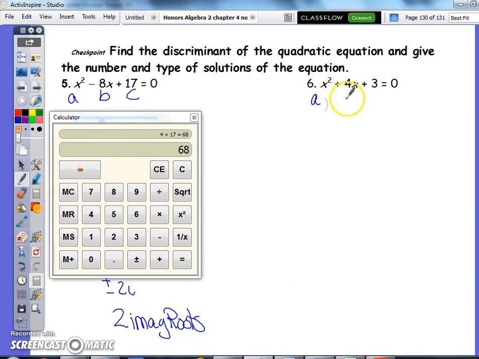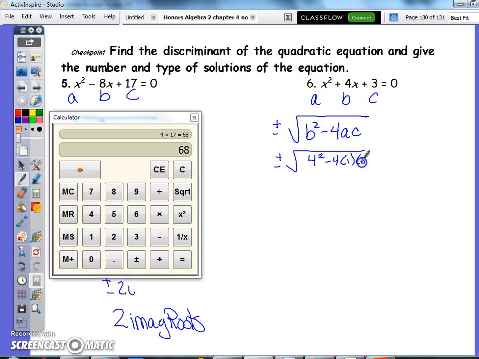Here, A is 1, B is 4, C is 3. So b squared minus 4ac: let's plug in. 4 squared minus 4 times 1 times 3. This is 16 minus 12, which is 4.